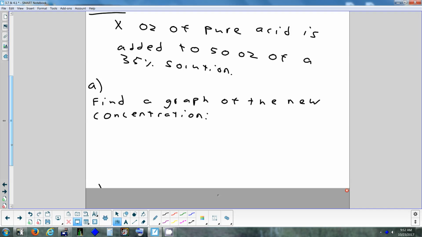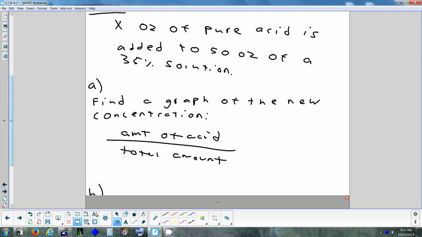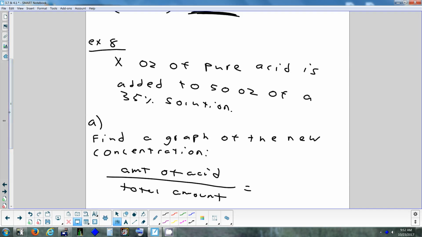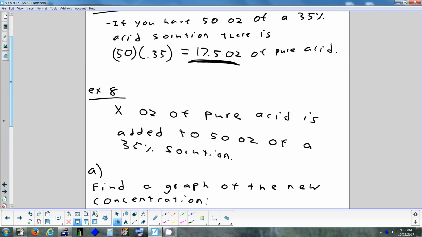So the idea to find a concentration, you have to find the amount of acid and divide by the total amount. How much acid did we start off with in the solution? We had 50 ounces of a 35% solution. So how much acid is that? 17.5.